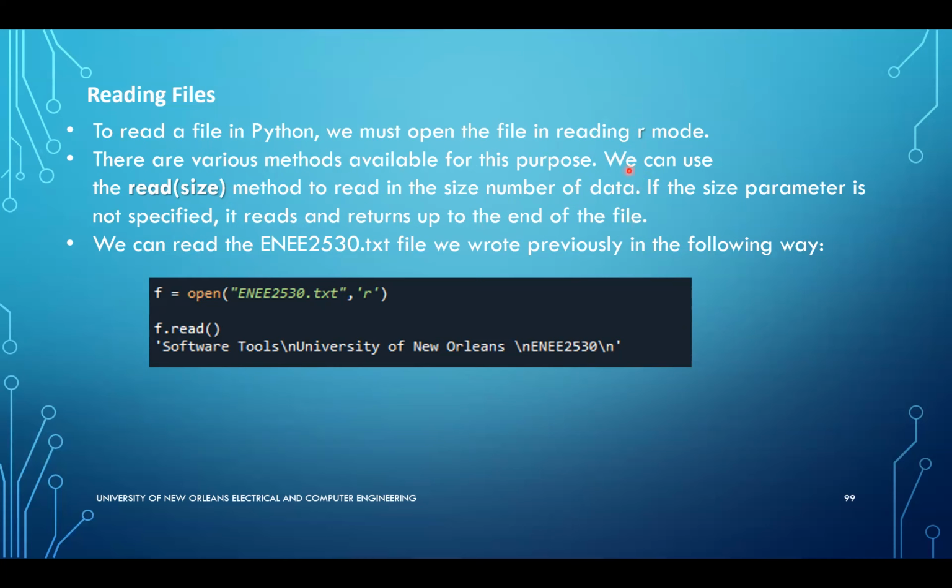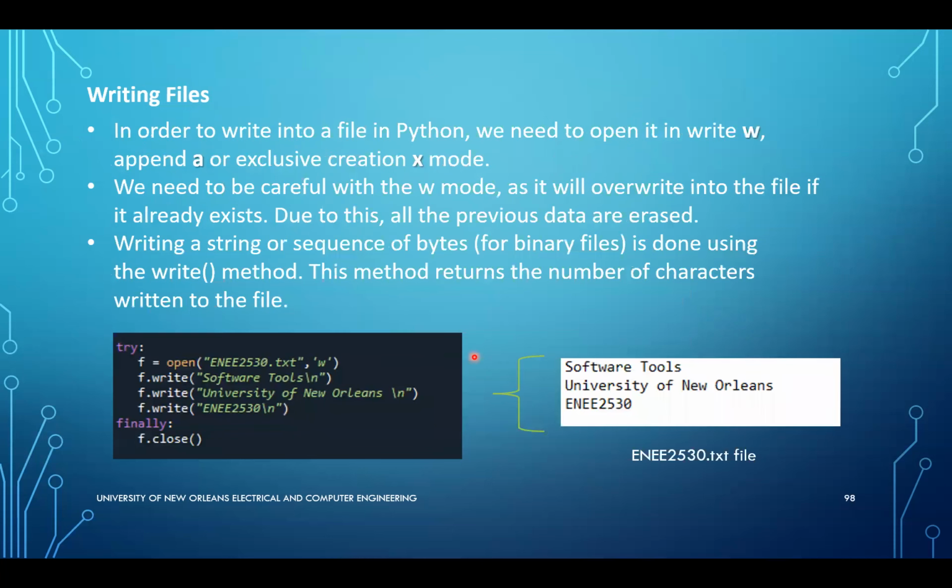And so let's look at examples of that using the file I created previously, right? I created a file with the extension txt. I wrote 3 lines to it. Now I'm going to read some of that information. Remember that at the end of the creation, when I created the file, I closed it, right?